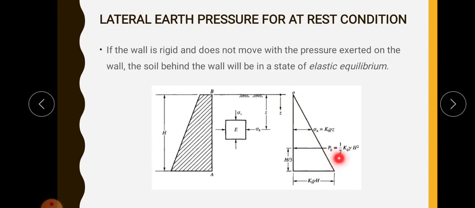And finally we have to calculate the total earth pressure. For that we are calculating the area of this triangle. Area here is half into this into this, half into K naught into gamma H into height H. So half into K naught into gamma into H square. So this is the equation for calculating lateral earth pressure for at rest condition.